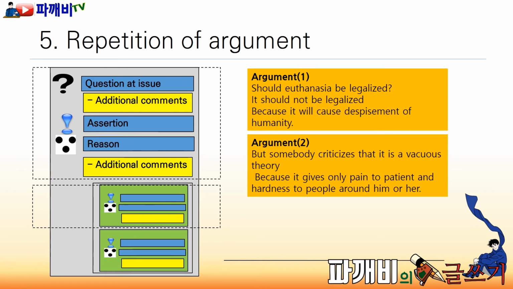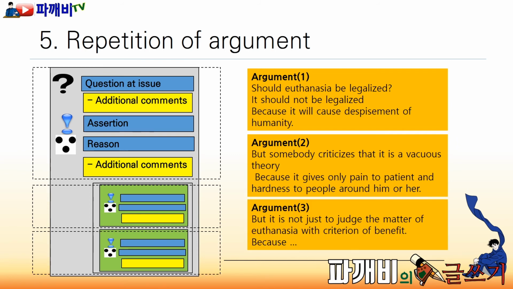The same thing occurs in the next. Its hidden question is like this. Is this a just criticism? So the following answer comes. But it is not just to judge the matter of euthanasia with the criterion of benefit, because blah blah blah.